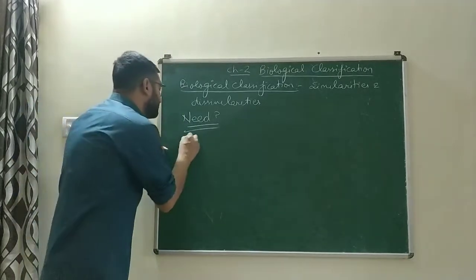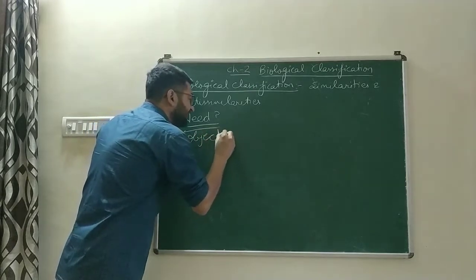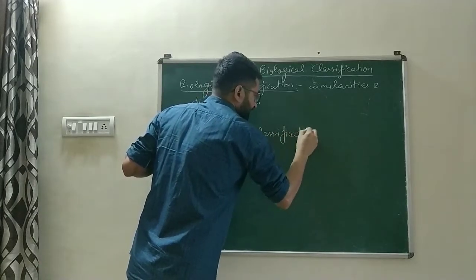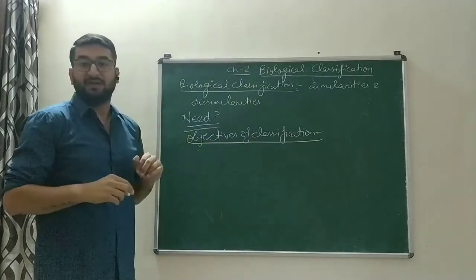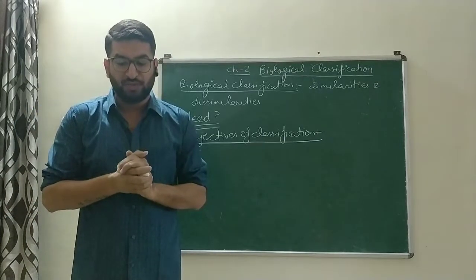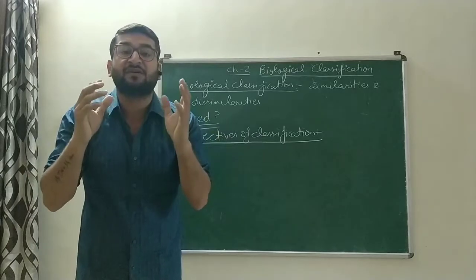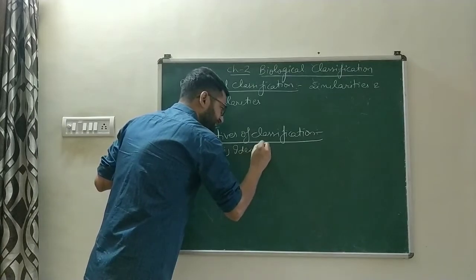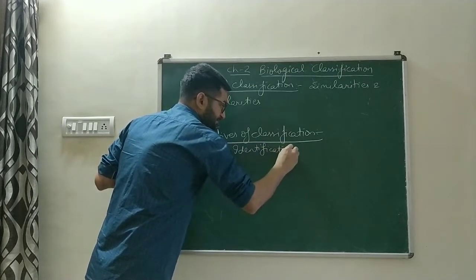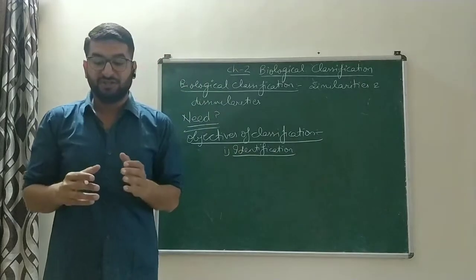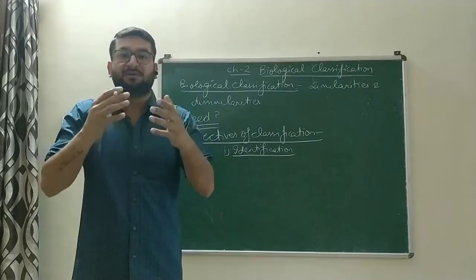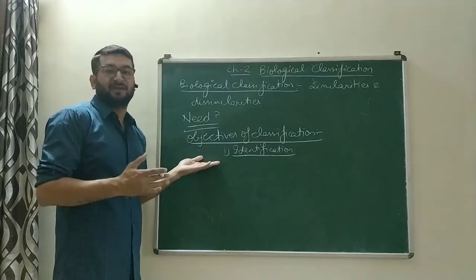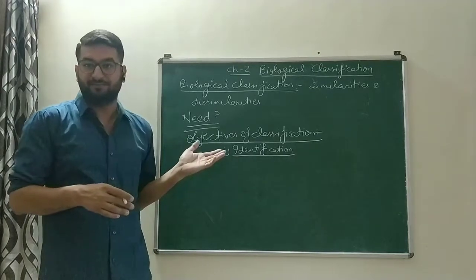Next thing is, what are the objectives of classification? What objectives are set to classify a particular organism? The first objective is identification. Identification and study, to describe the features of all the species, is an objective of classification.